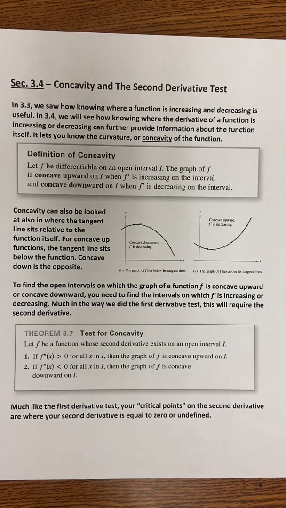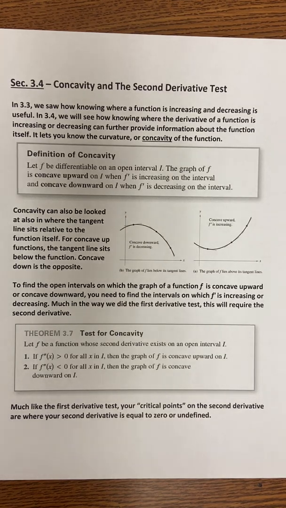Now, what we remember is that to find where the function was increasing or decreasing, we had to take the derivative of the function. So to find out where the derivative is increasing or decreasing, we have to take the derivative of the derivative, which is really the second derivative. So down below is the definition of the test for concavity. If f is a function whose second derivative exists on an interval, when the second derivative is positive, then the graph is concave upward.